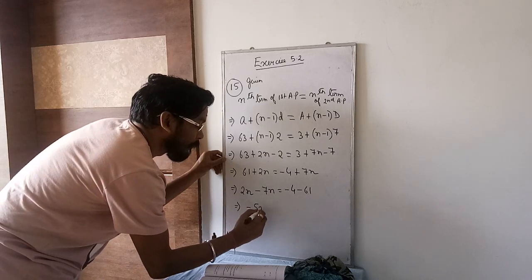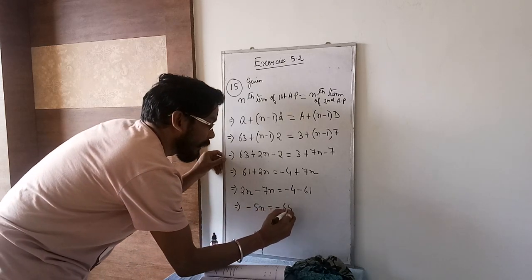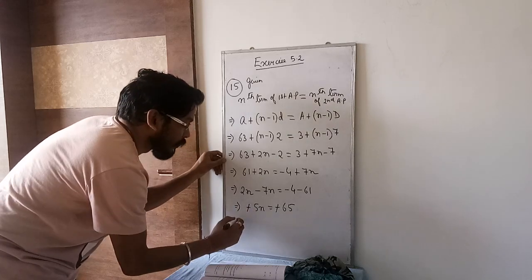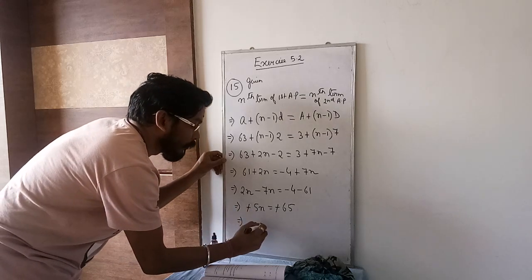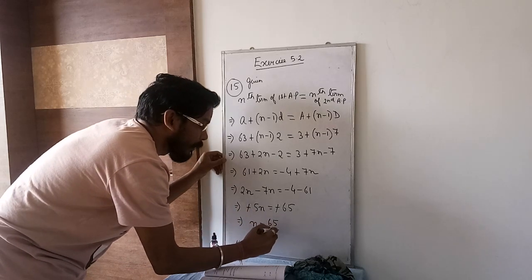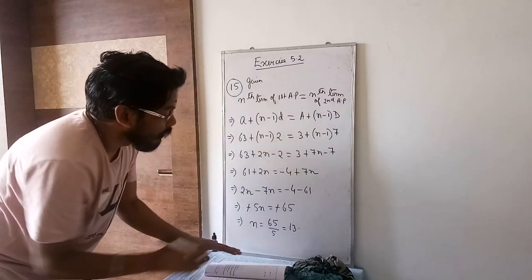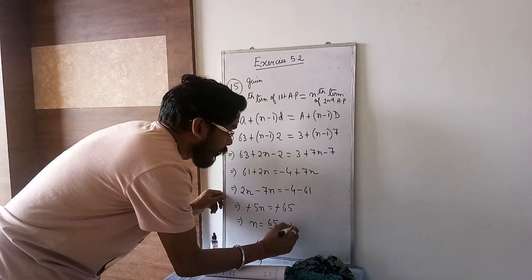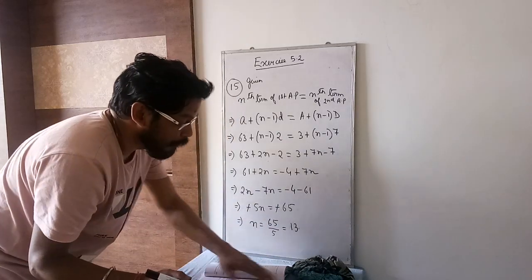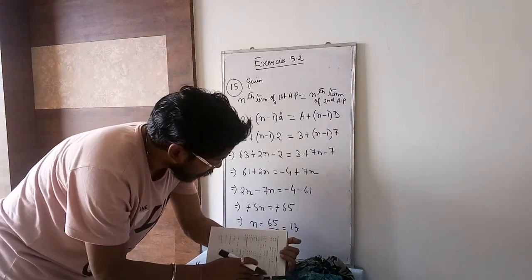So it is now minus 5n equals minus 65, so n equals 65 by 5, which is 13. So the 13th term of both the APs will be the same.